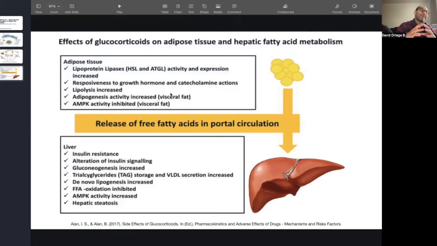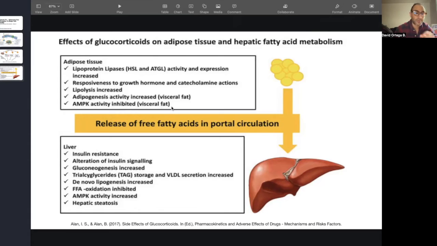So you are storing visceral fat, which is the one that surrounds the organs and makes more difficult for you and for the organs to work properly. And you are also having AMPK activity inhibited, which is also increasing visceral fat.